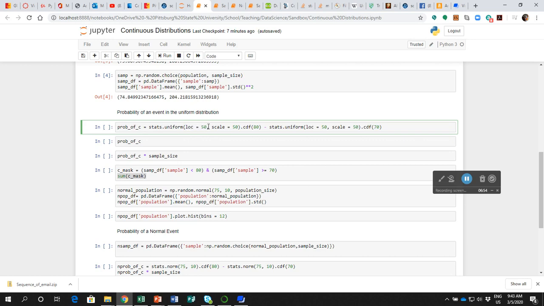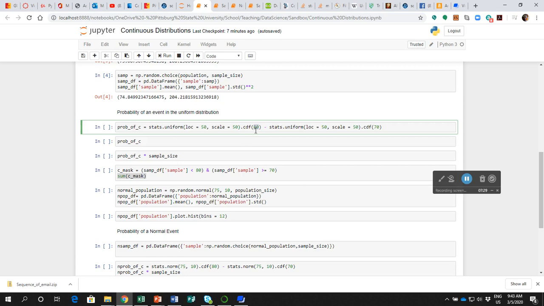So you put loc equal 50, and then the scale is the width of the distribution, which is also 50. So from 50 to 100, we set it up like this. It's different from the NumPy notation, and potentially confusing, so you just have to know where you are. And the .cdf, this is your cumulative distribution function.